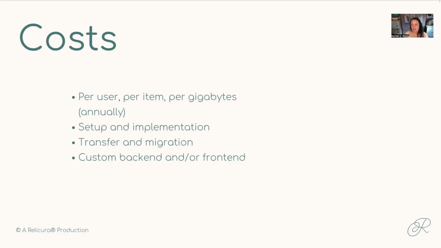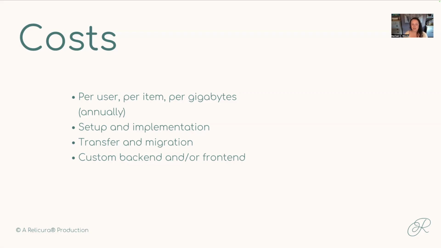There will also be one-time costs. So setup and implementation of the collections management system will be a one-time cost. Doing the transfer and migration of your data. So for many of us, we're already in a collections management system. Getting your data and content from that system into the new system is going to have costs associated with it, even if you're doing most of it.